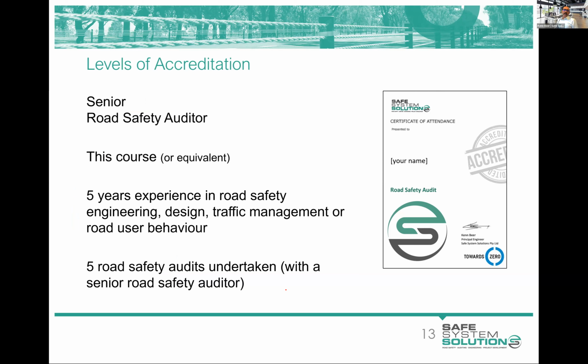To graduate up to a senior auditor status, you need to do this course or an equivalent course that's approved. You need 5 years experience. And you need to do 5 road safety audits with a senior road safety auditor to get that mentoring and experience.